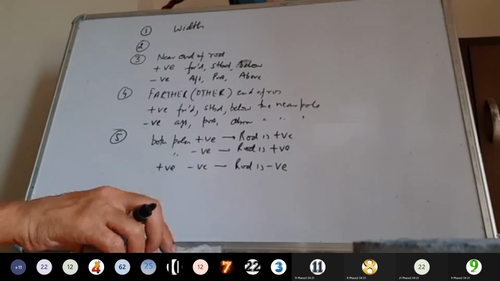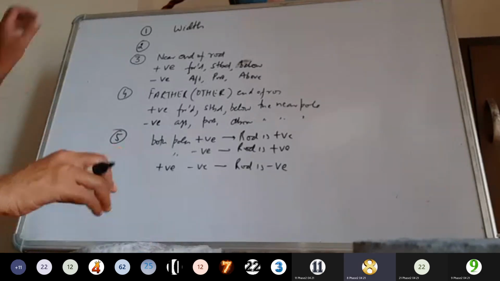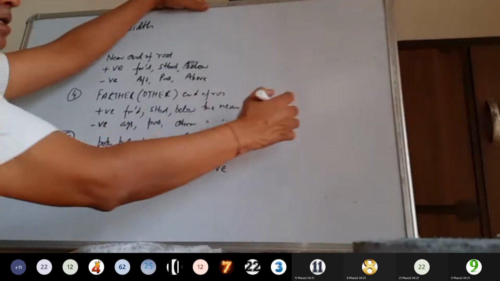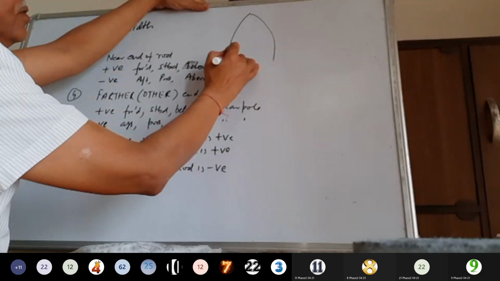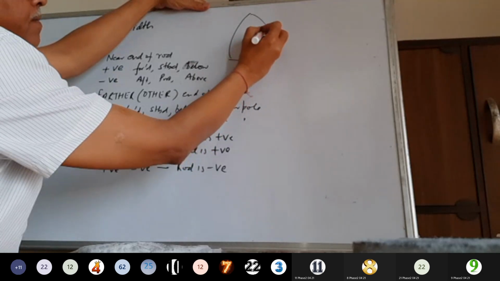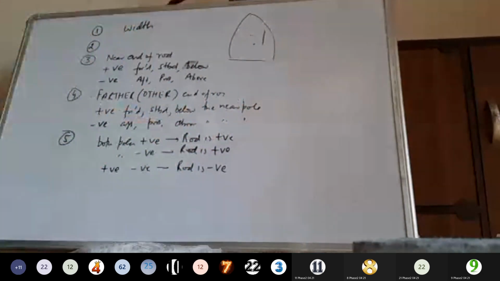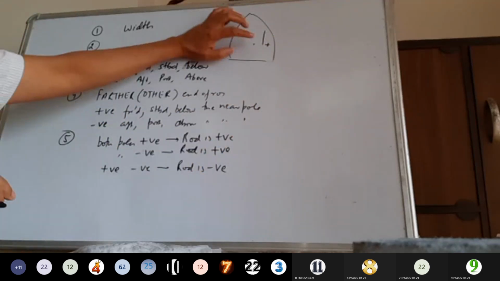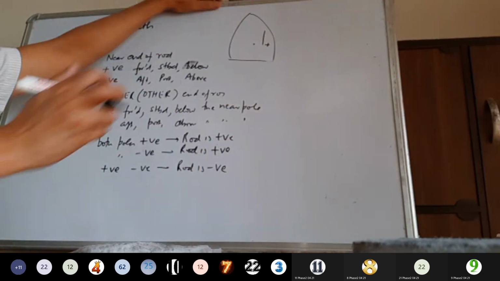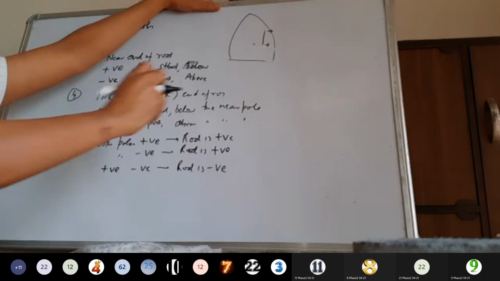Okay. Yes, sir. So you can see here, we'll show you some examples. One rod is like this. So tell me, is it positive or negative? So this is starboard side, so this is positive. And this is forward of the near pole, so this is also positive. That means the rod is what?